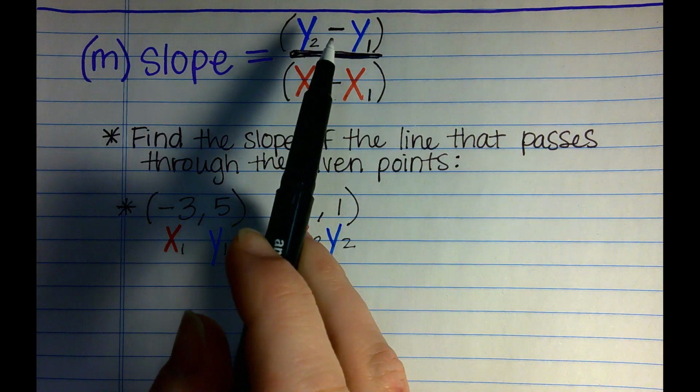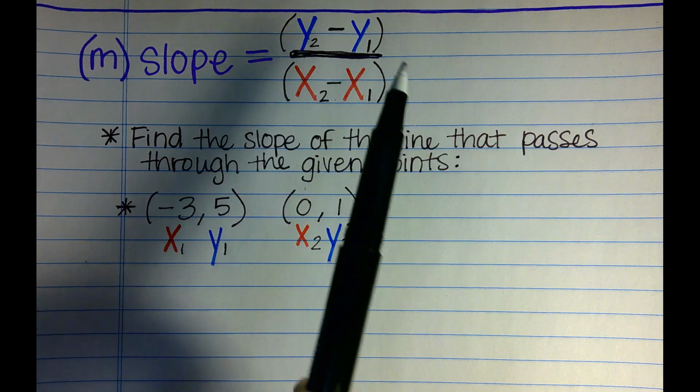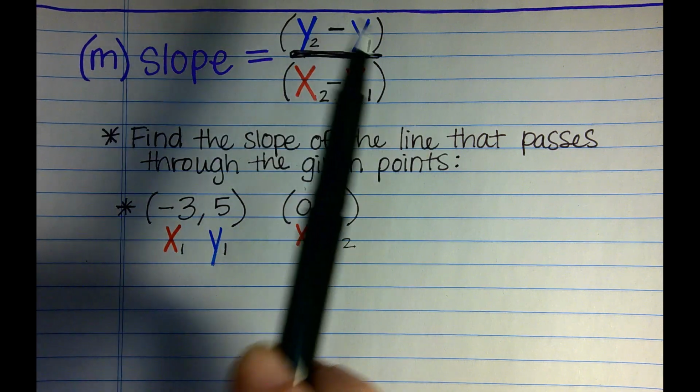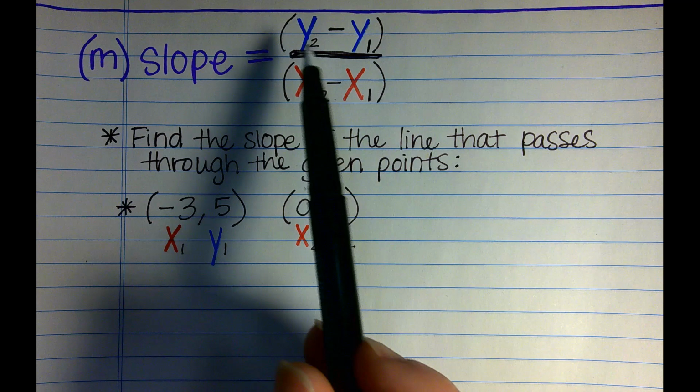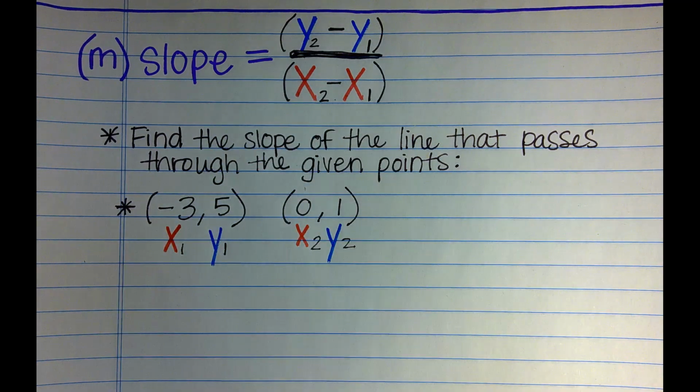Now I'm going to rewrite this formula, and I am going to leave blank spaces instead of writing y2 and y1, x2 and x1. And we're going to plug some numbers in. So stay with me. Here's what we're doing.